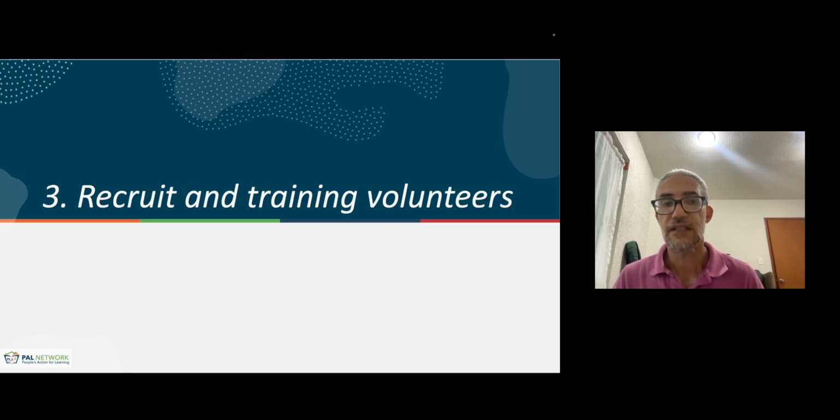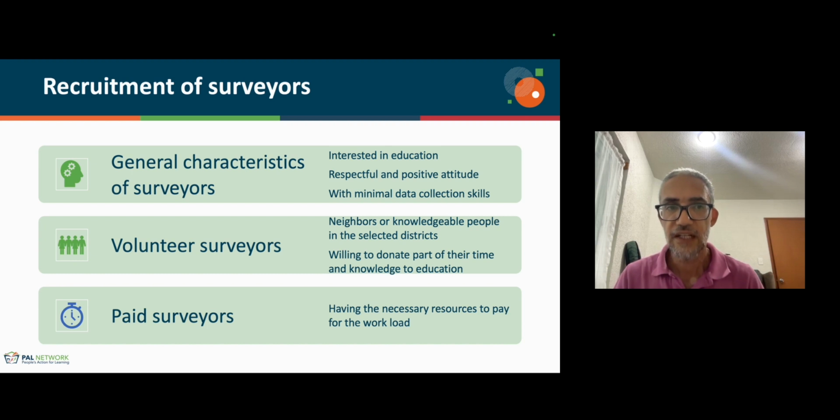The third key is recruiting and training volunteers. In general, the surveyors need to share general characteristics. For example, interest in education, a respectful and positive attitude, and minimal data collection skills.